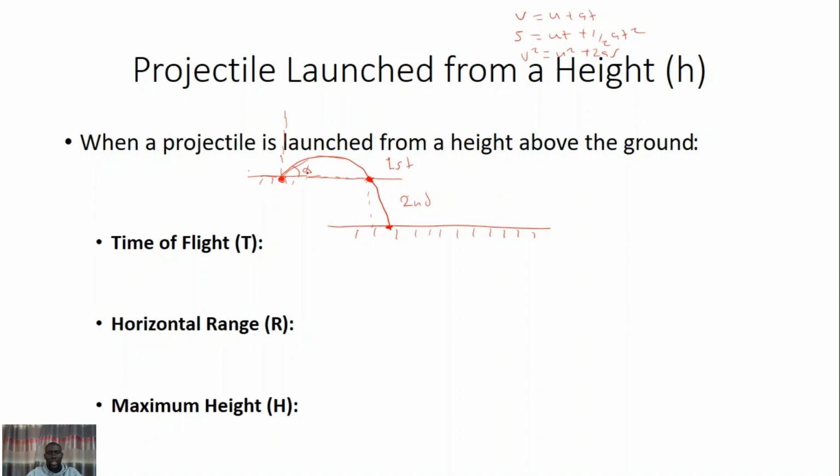And you know the initial velocity along the vertical axis here is v sine alpha, and this will be its initial velocity when we are considering the second part of the motion.